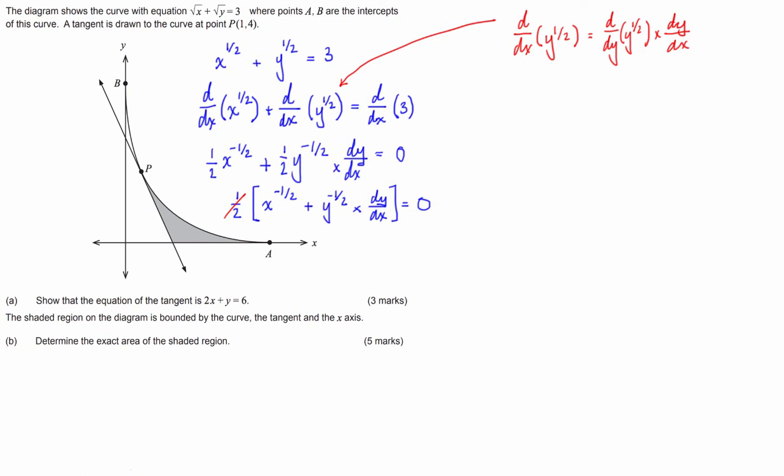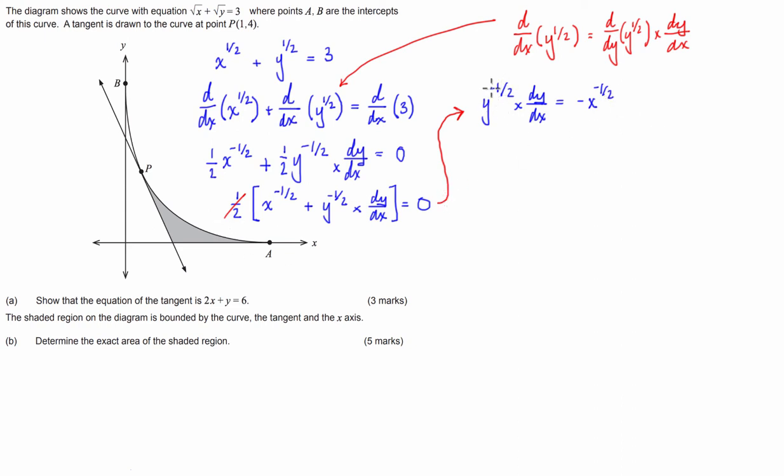Then I'm going to take the x term to the right-hand side. So I'm going to have y to the power of -1/2 times dy/dx is equal to -x to the power of -1/2, because I've just subtracted it from both sides.